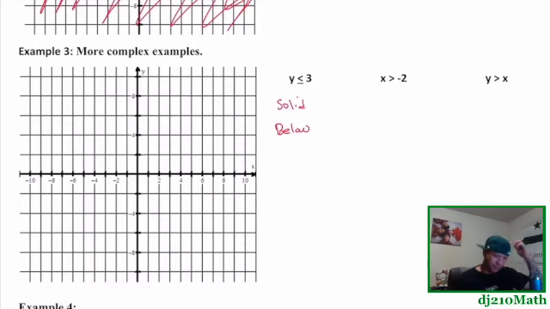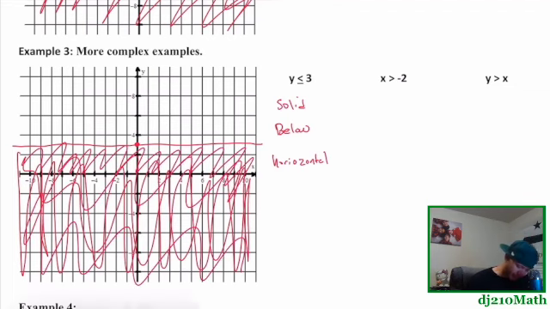Not only that, but if you haven't figured it out yet, y equals a number is a horizontal line. So at y equals 3, we have a solid line and we shade below.